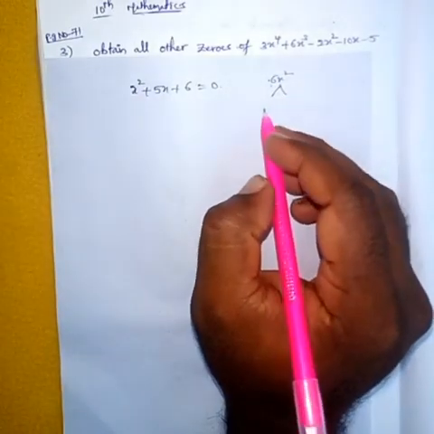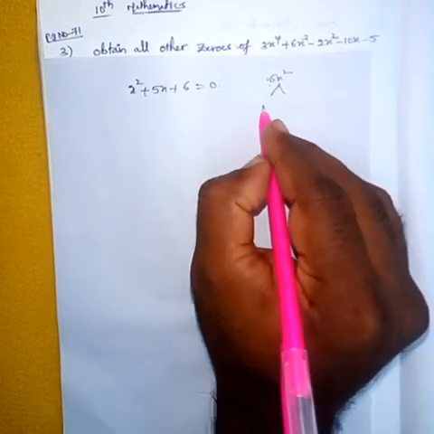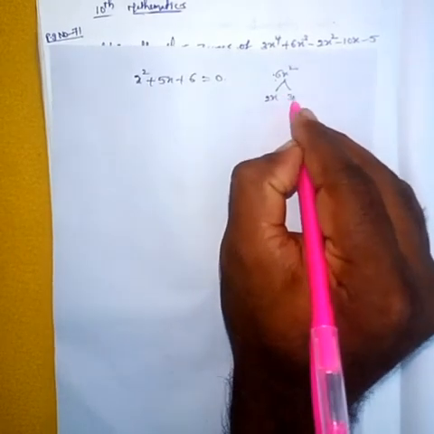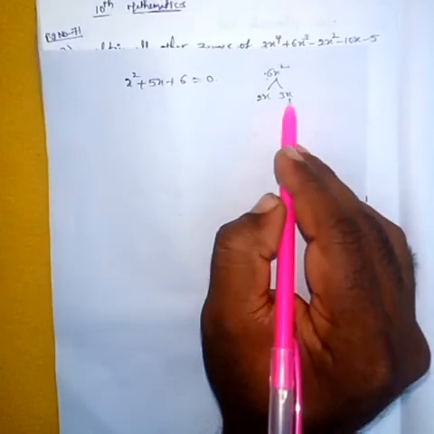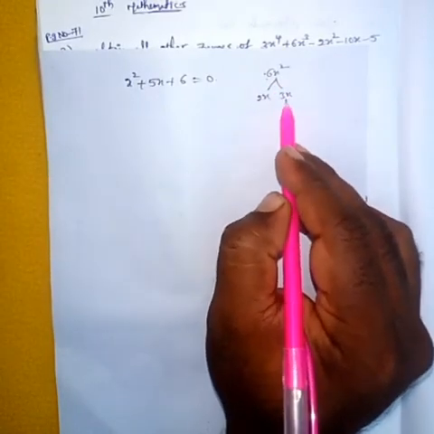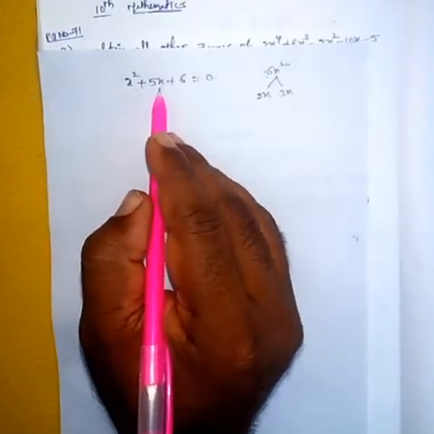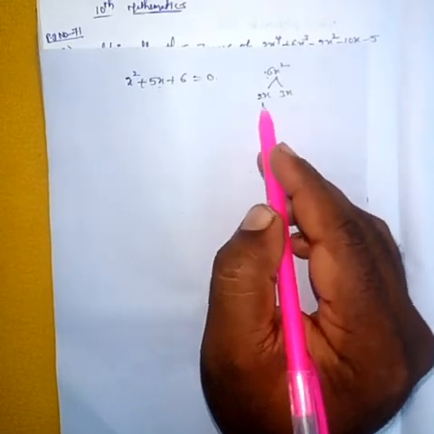Okay, that's why for 6x square, I'm taking 2x and 3x. If you multiply these, you get 6x square, and if you add them you get 5x. These are the suitable factors for 6x square.